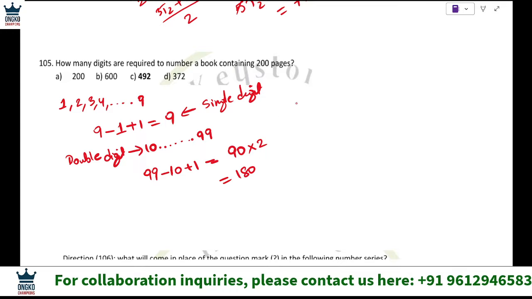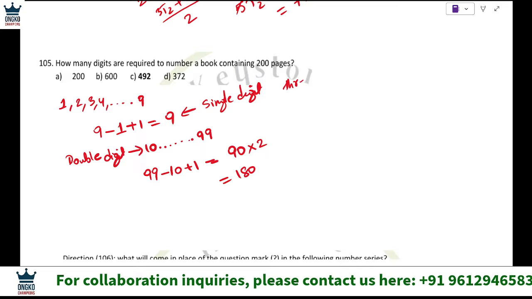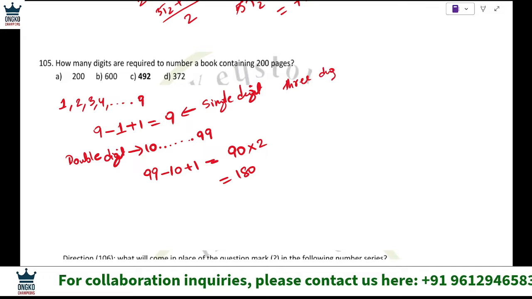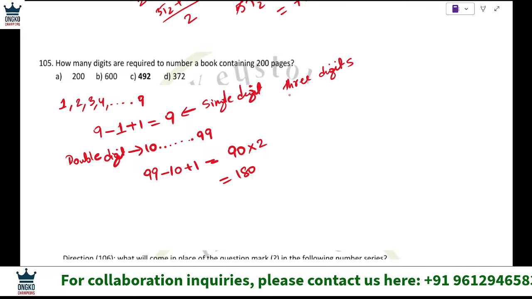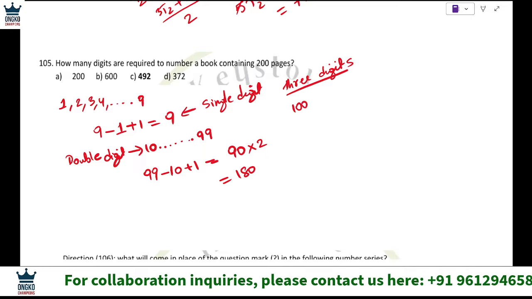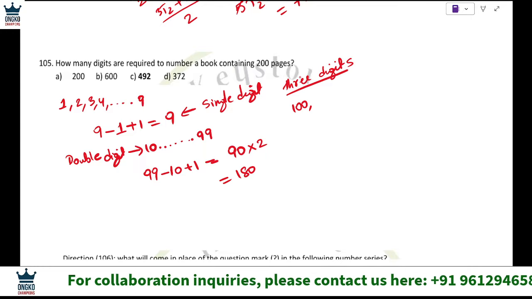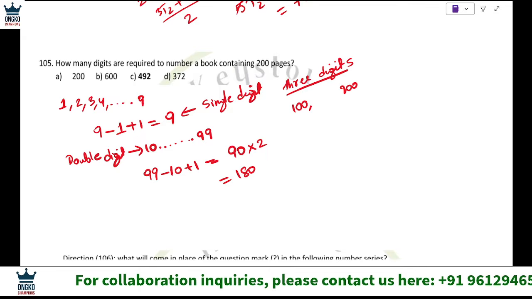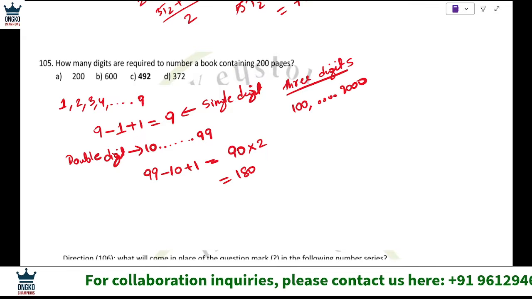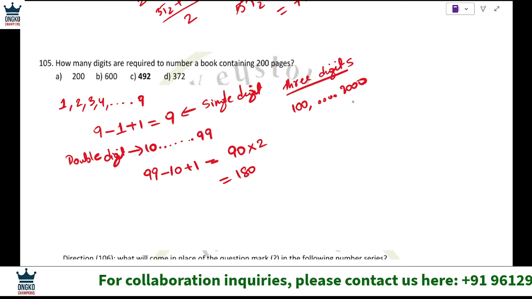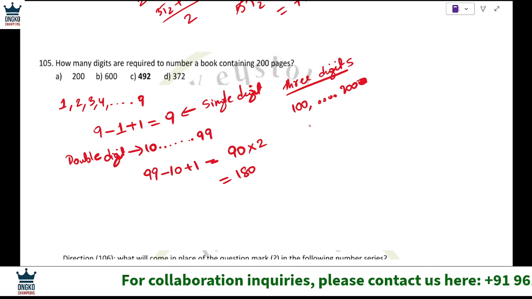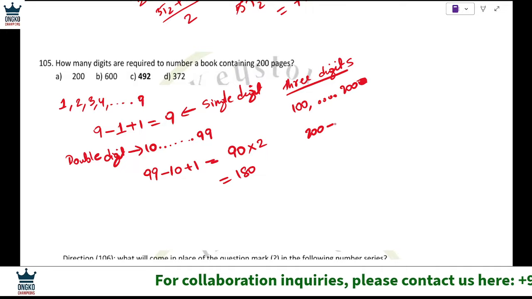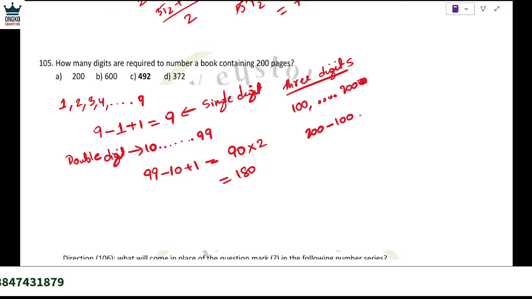Alright, now 3 digits. 3 digit numbers start from what? 100, right? 100, 101 and so on till 200 pages. So till 200. So here this is 200, right? Not 2000. So 200 minus the starting 3 digit number 100 plus 1.